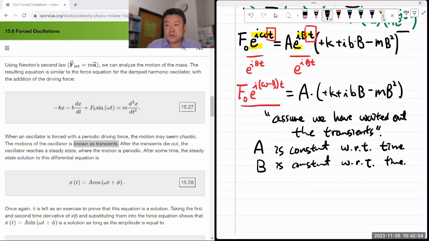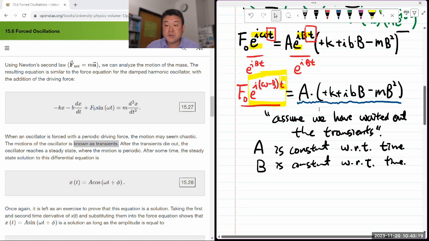Now, once we assume that, we see a constraint in this equation. You can see what things depend on time. On the left-hand side, this is constant, doesn't depend on time. But this t factor is here, and this definitely depends on time. On the right-hand side, nothing explicitly depends on time. A is constant, K is the spring constant, the damping factor b is constant, capital B is constant, mass is constant.